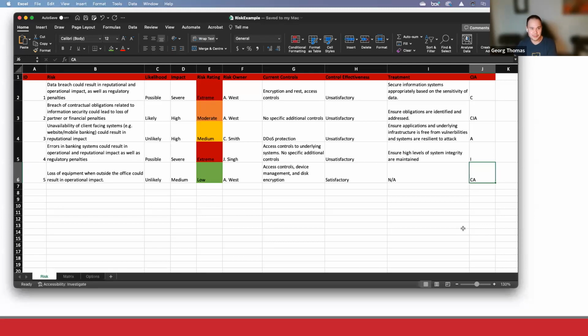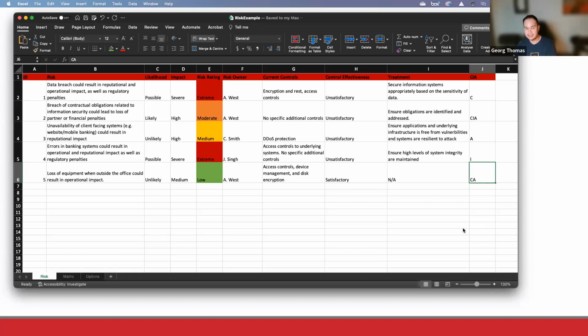You can see the third one there talks about unavailability of client-facing systems, e.g. website, mobile banking. You could imagine if you're a customer, you'd be pretty mad if you wanted to do some internet banking and it didn't work. There are some controls there that would prevent DDoS and things like that, but there is still risk, and that would potentially affect the availability of those systems.